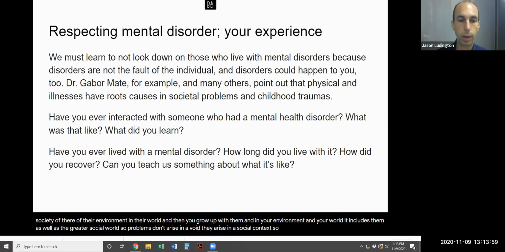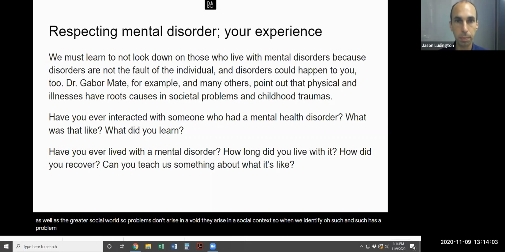So when we identify that such and such has a mental problem, it invariably is due to causes in the surroundings. I mean, yes, there is genetic susceptibility. That is a thing, but susceptibility is not the disorder itself.